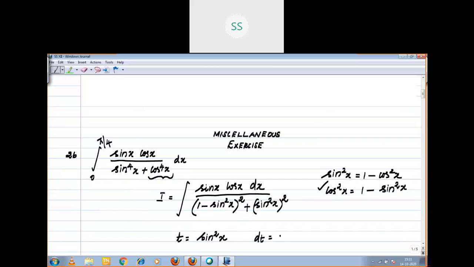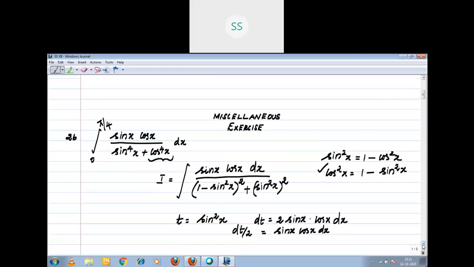So dt equals 2 into sin x into cos x dx. Then dt by 2 equals sin x into cos x dx. That is what exists in the numerator, which we arrived at after differentiation, right?